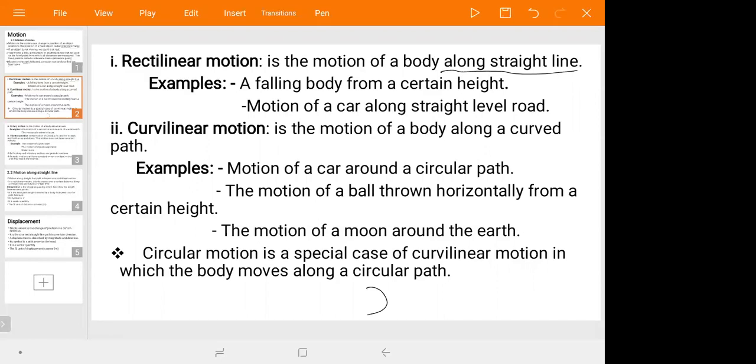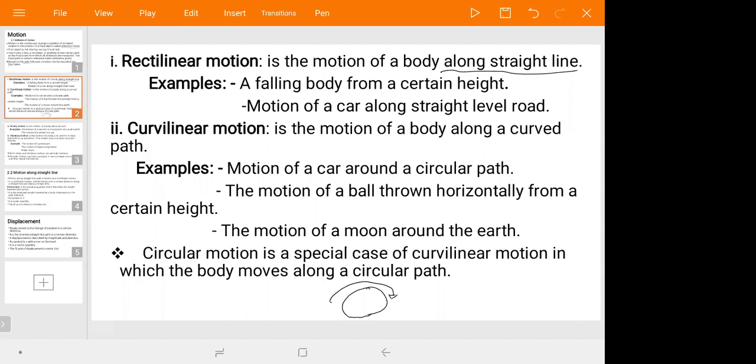If you take motion along a circular path, it is curvilinear motion. If you take the motion of a car along, for example, a mountain or maybe a curved river, that motion is curvilinear motion.